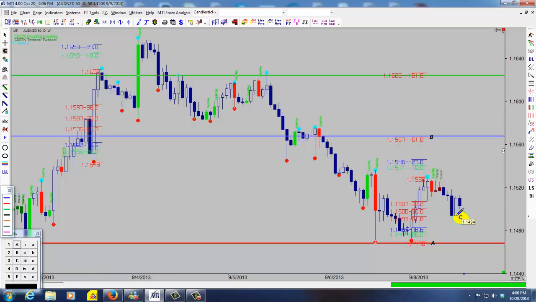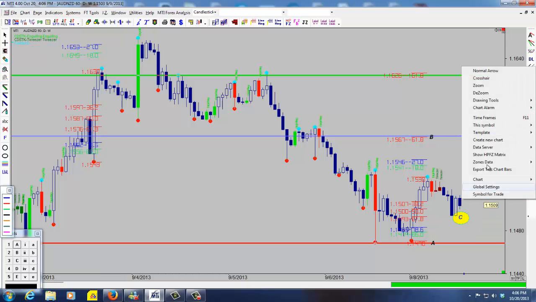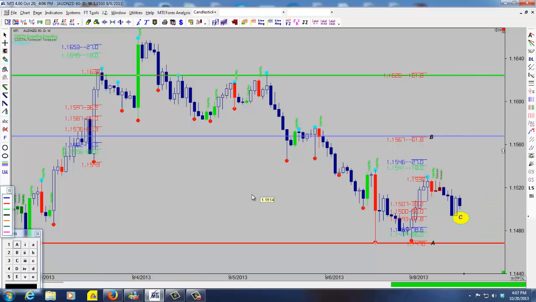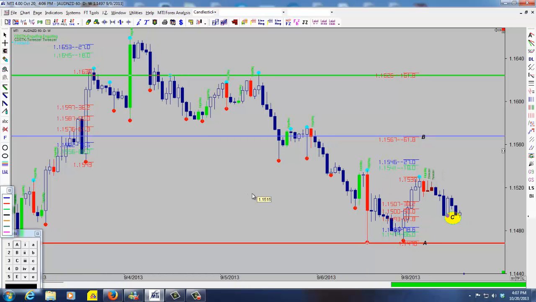Well, this is your entry. Sorry, this was your entry. And that's 35 pips. The extension is at 121 pips. Yeah, I'd say that's pretty good risk to reward. 35 for 130. That's good. Not liking that.